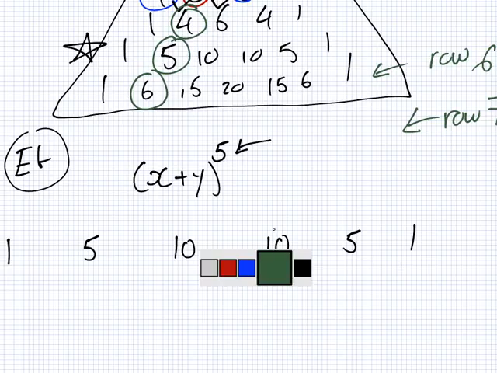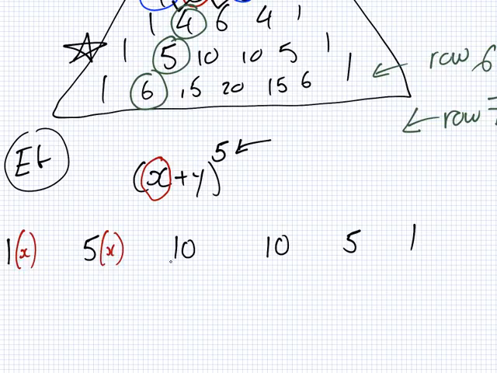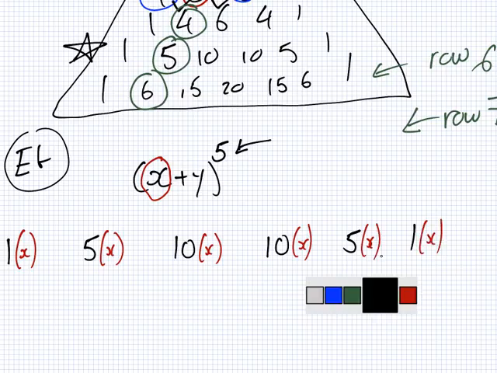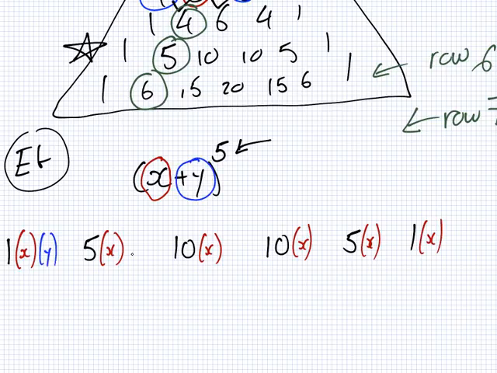Next thing to do is you write down the x, here, here, here, here, and here. Next thing to do, write down the y, positive y, here, here, here, here, and here.